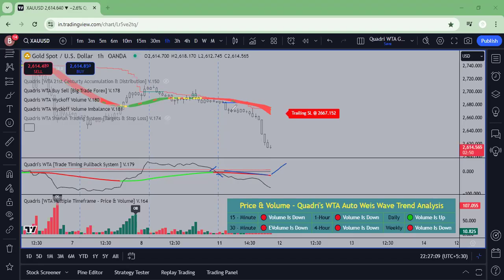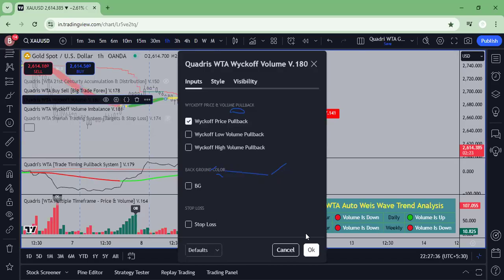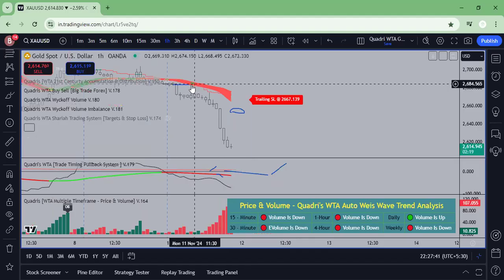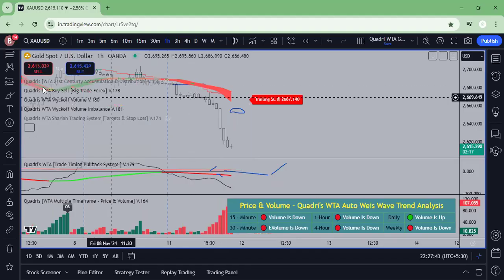But having said that, if you're trading on 1 hour, for any of these price bars, I haven't applied version 155 to it. If you apply version 155, it will give you a clear indication of which candle particularly you should go for a buy on. If, for the sake of discussion, you're not applying heavy volume and you're only applying a price pullback, in that case also you got a pullback at this particular point.